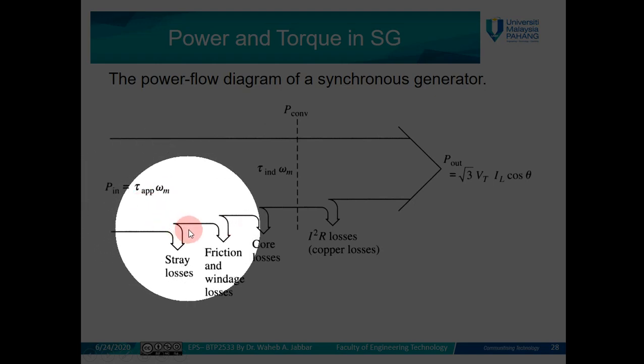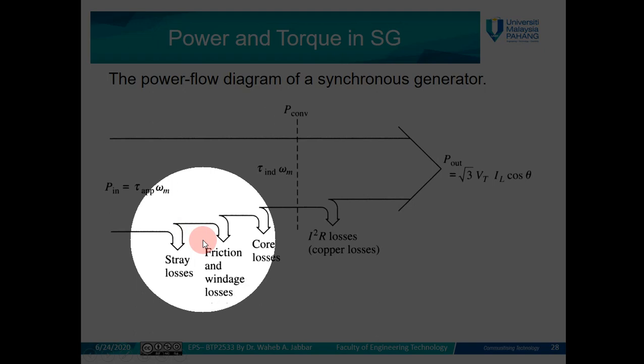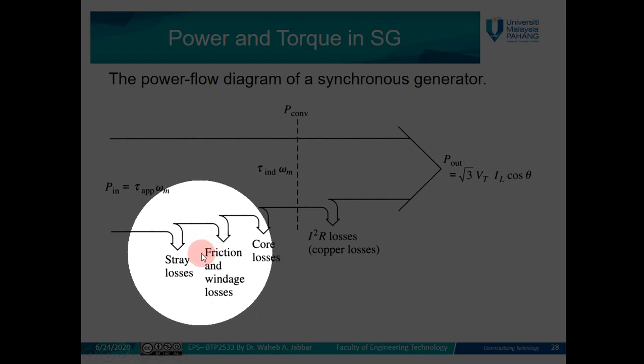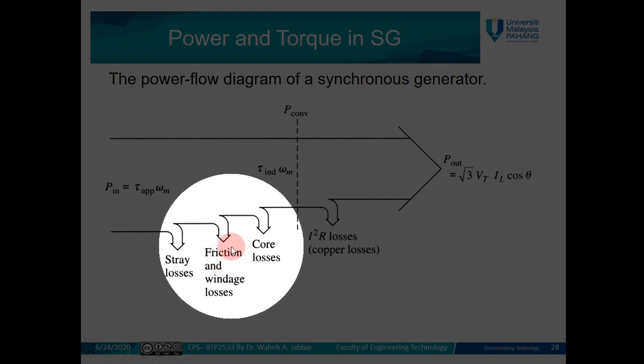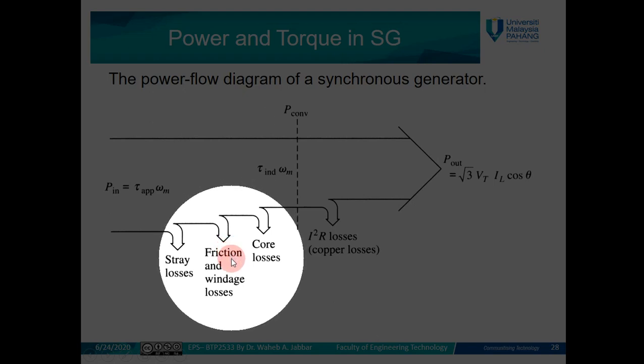When we apply the prime mover torque on the rotor shaft of the synchronous generator, there will be some mechanical losses: friction and windage losses, and also core losses. These three types of losses are deducted from the input mechanical power.